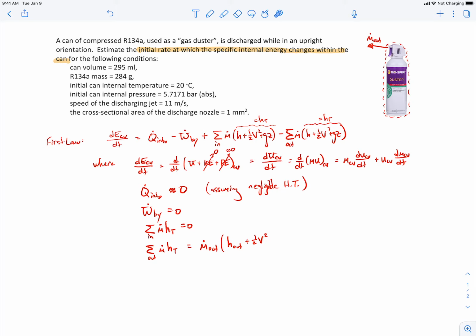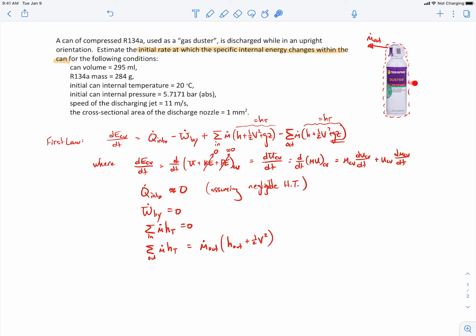But I will eliminate the potential energy term at the outlet. I'm basically going to neglect that term because we're dealing with a can whose elevation is not very tall.